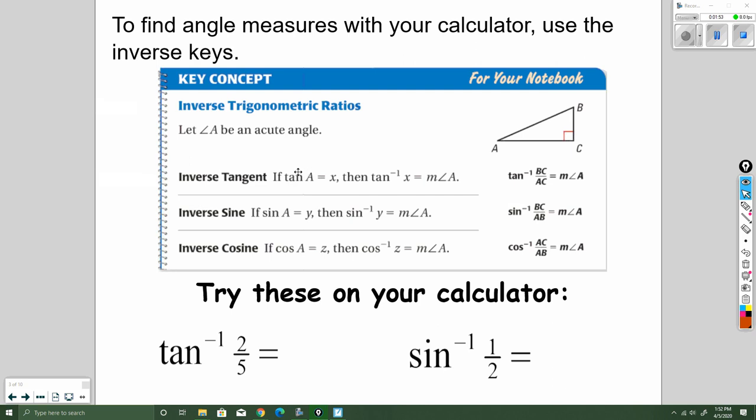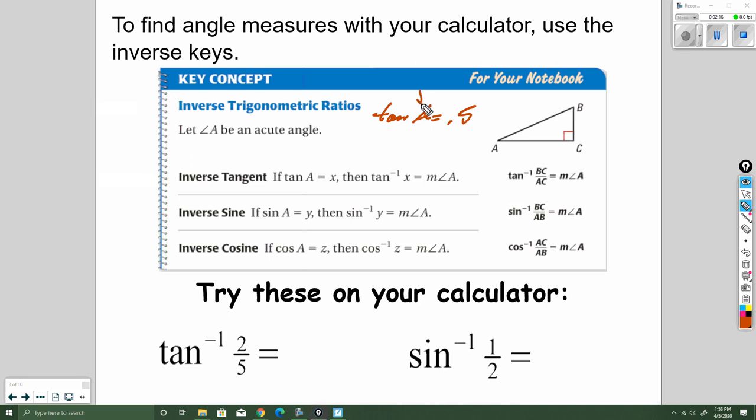There have been times where we found the tangent of some angle and maybe got 0.5, for example. If we have this type of equation, we can actually find the angle measure. Before, we set up this ratio and found what it was, but we didn't use it to find the angle yet.